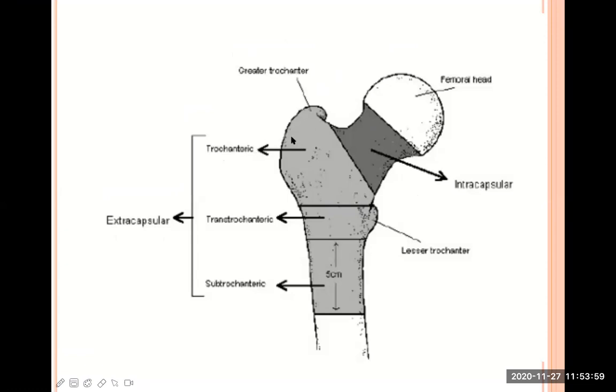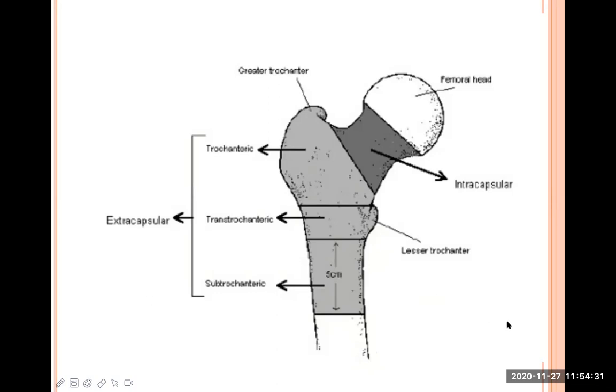Now subtrochanteric fracture is up to 5 centimeter from the lesser trochanter area, 5 centimeter distally, and from this 5 centimeter boundary, shaft of the femur fracture will start. So this is a small boundary you need to remember, 5 centimeter distally to the proximal end. After that, shaft of the femur starts.